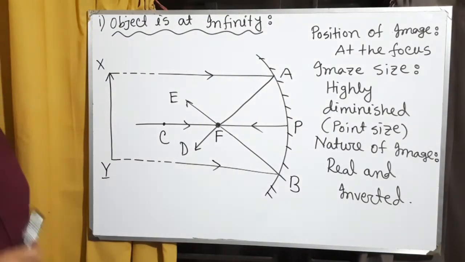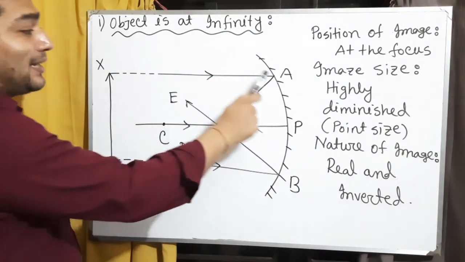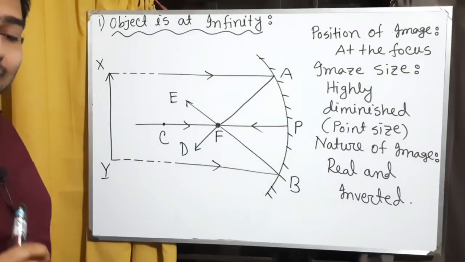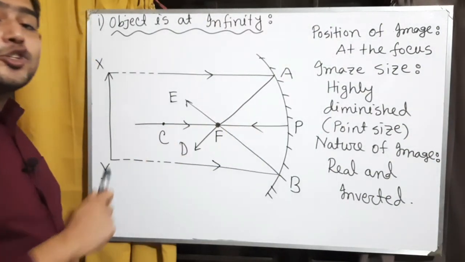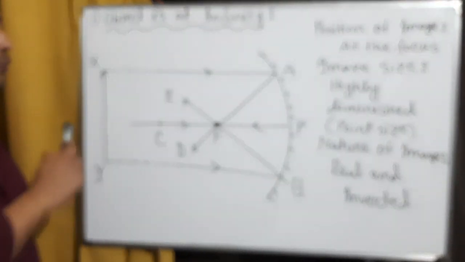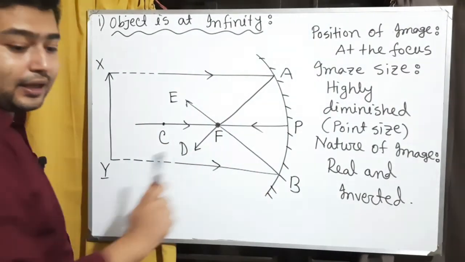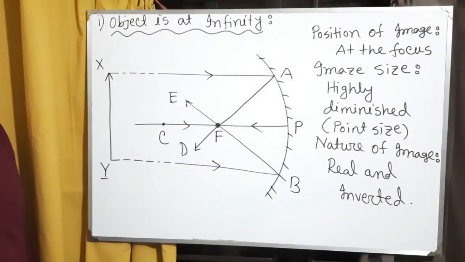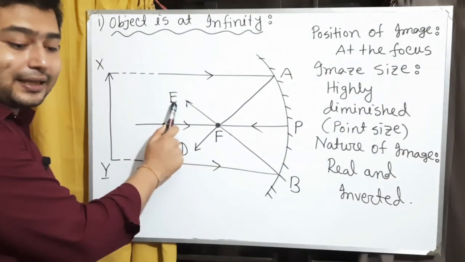These two rays XA and YB are our incident rays, and they are parallel to the principal axis. They are reflected through F along the paths AD and BE.